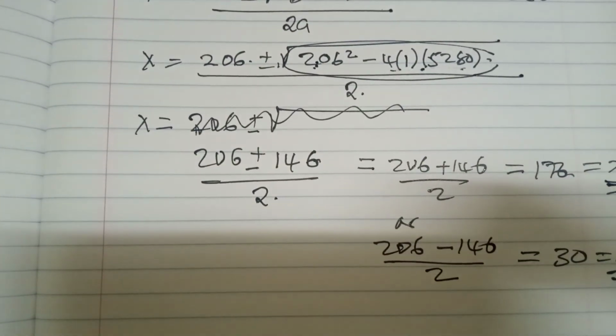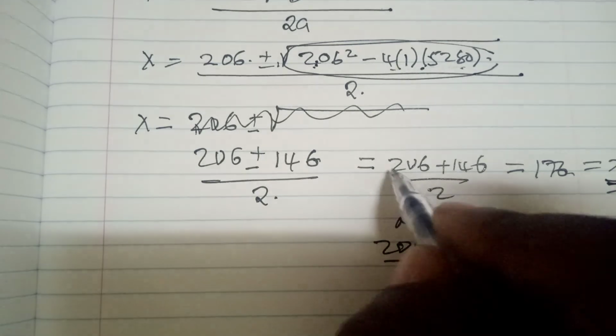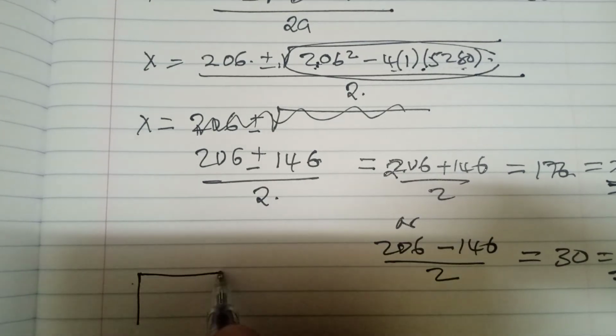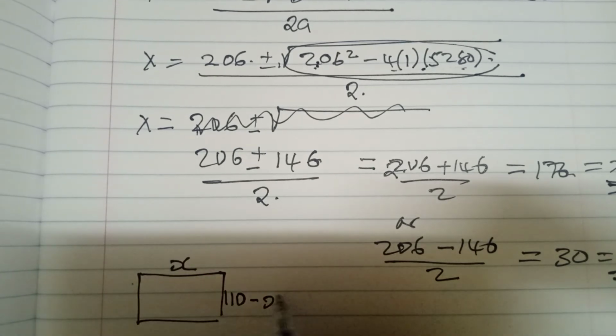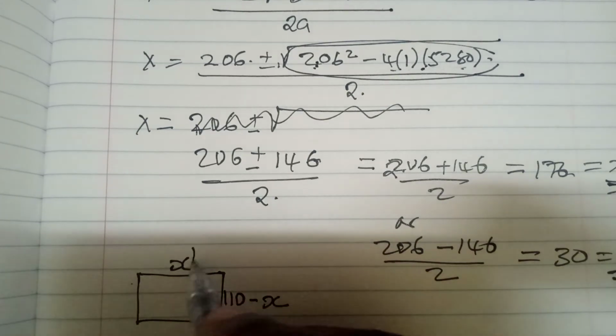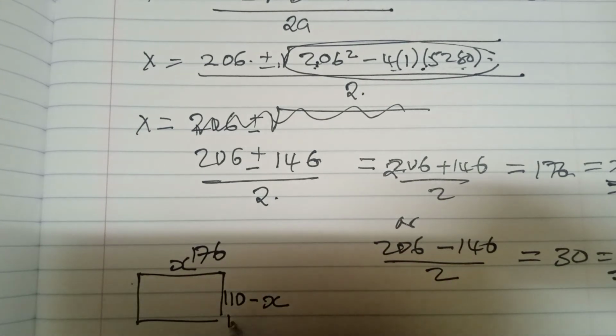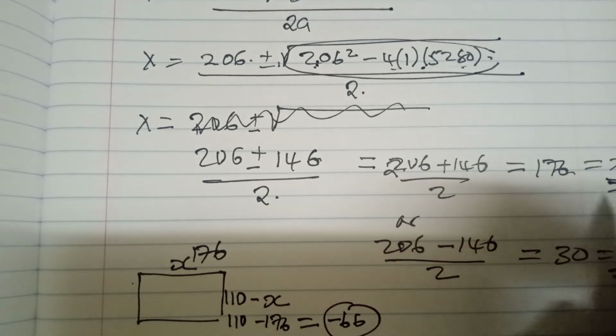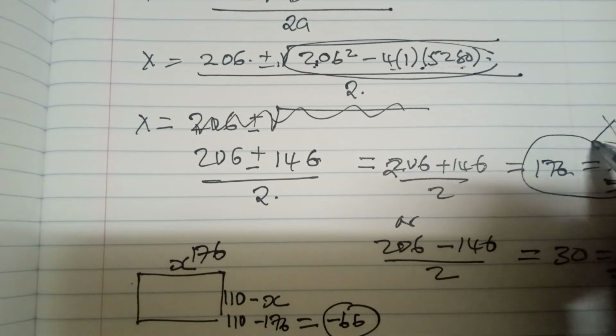But we have a way of explaining this. We said that we have a rectangular tile, and if this is x, this is 110 minus x. So if x is 176, then 110 minus 176 is going to be negative 66 centimeters, and therefore this is not possible.